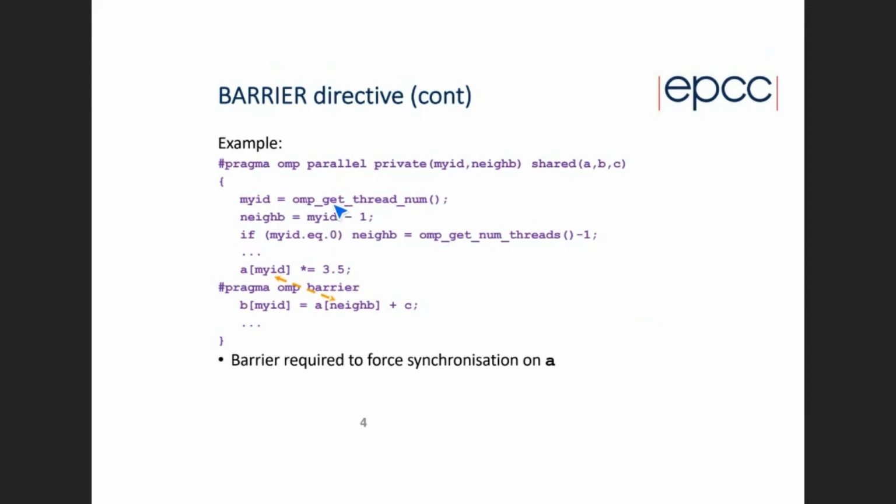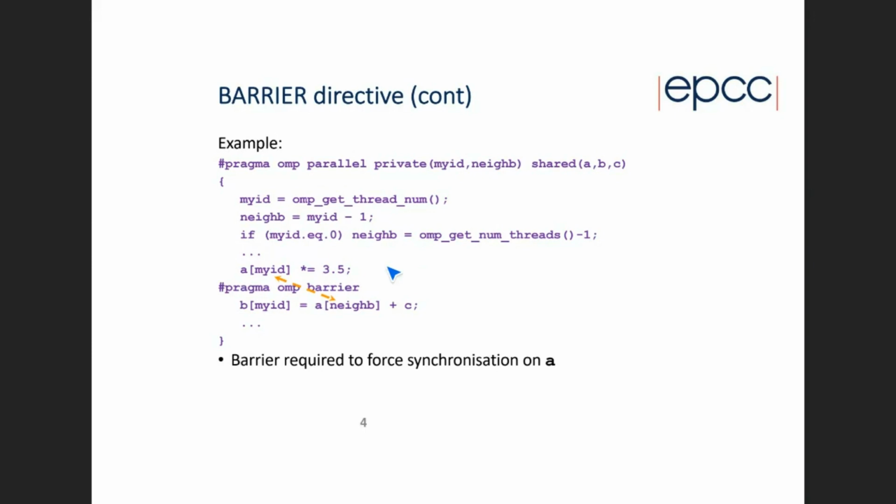So if I'm inside a parallel region, I get my thread ID and store that in my ID, and then I want to have a concept of my neighboring thread, and my neighboring thread is the one with the ID one less than me. If my ID is 0, then my neighbor is the last thread. So my neighbor is the thread with ID 1 less than me, and at the beginning it wraps round to the end.